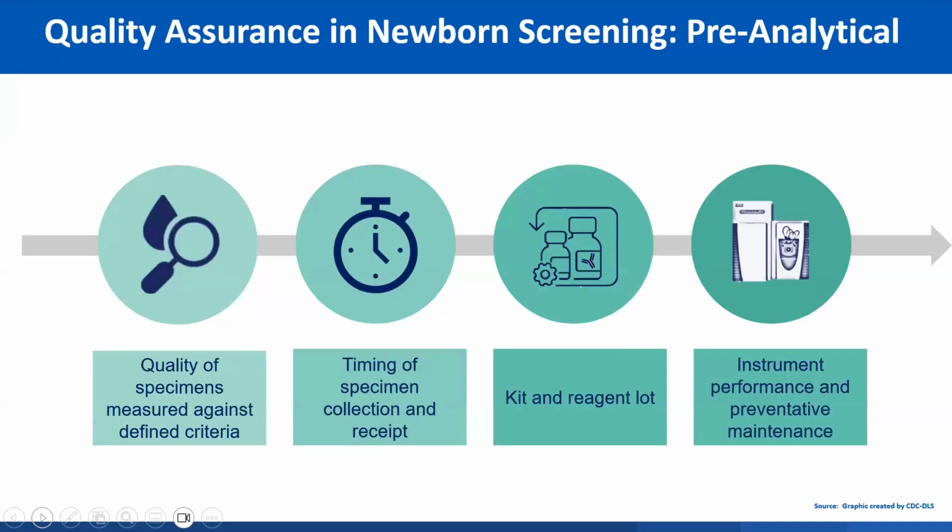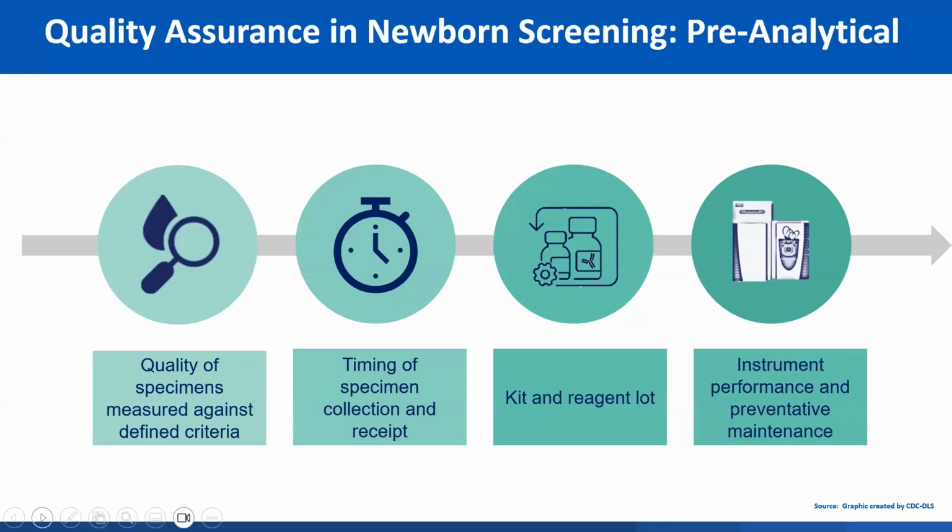So if we remember back to the slides that show the pre-analytical, the analytical, the post-analytical processes, we can also think of quality assurance using this same framework. So in the pre-analytical space, quality assurance is needed to manage and assess various critical steps in this process.